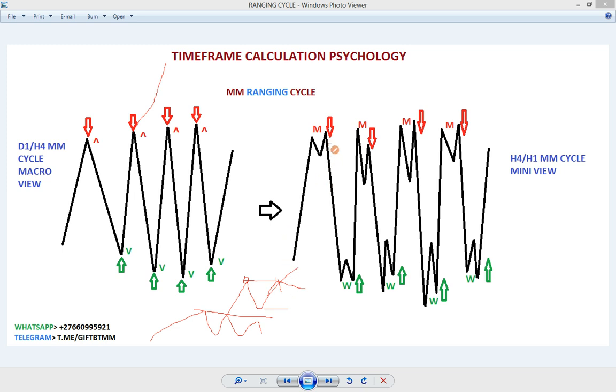It issued a pattern here. You have your buy position here, expecting the market to rise, but suddenly the market has declined here. You have M.